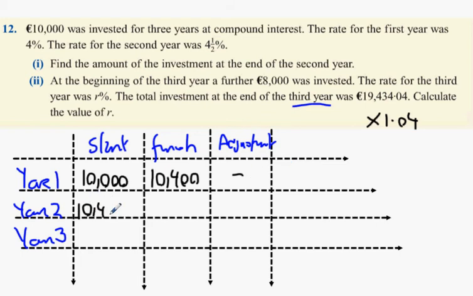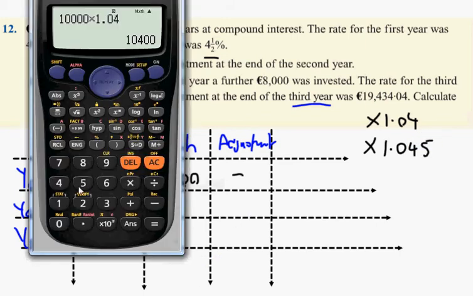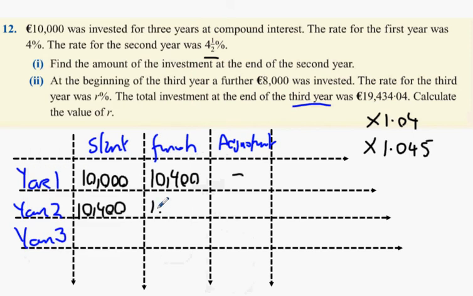Okay, then 10,400 gets multiplied by what for the second year? 4.5% this time. 1.045, and what do you get? Oh, sorry, 10,868, thank you. Is there any adjustment at the end of year 2?